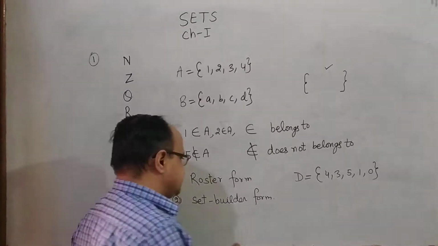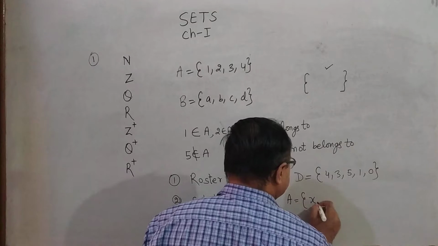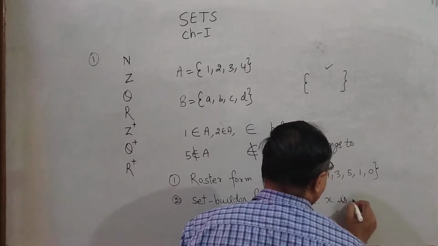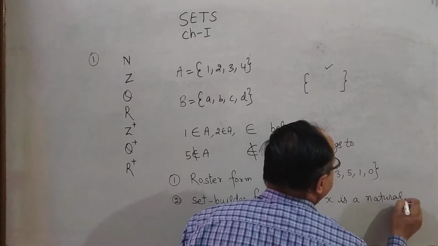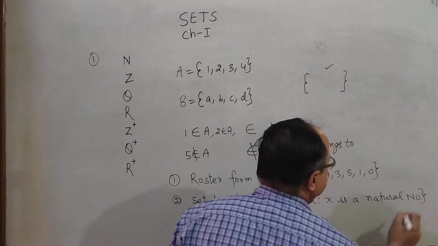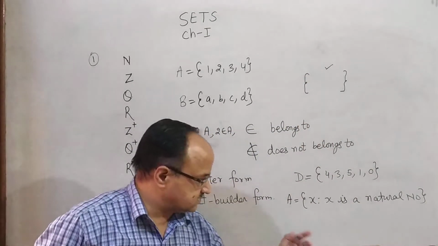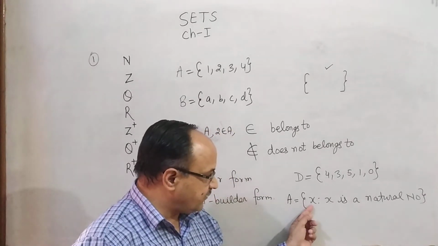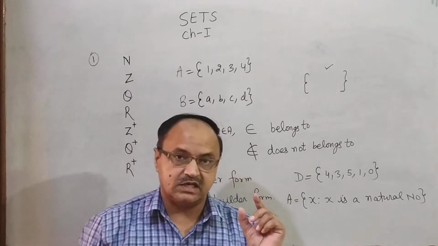But in set builder form, you write the same thing in words. For example, set of all x such that x is a natural number. Clear? Again check, how to read?